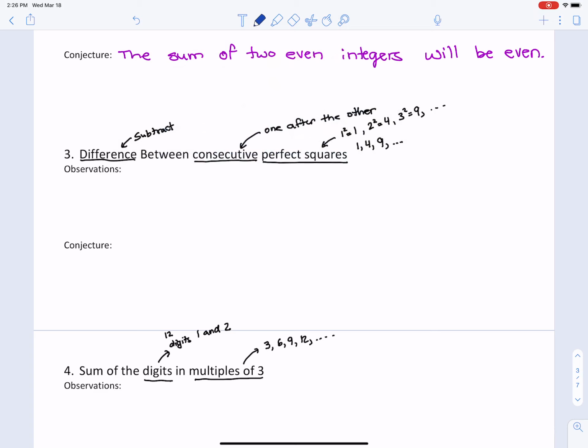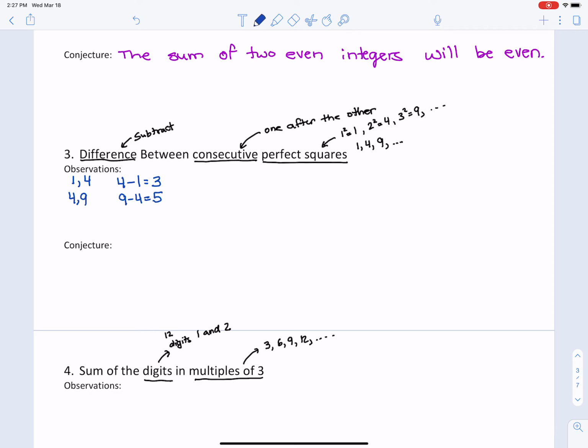The difference, so when I subtract two consecutive, so these are one after the other, perfect squares, what's going to happen? So let's take two perfect squares. Let's take 1 and 4. I take the second one minus the first one, and I get 3. I can take the 4 and the 9, and I do 9 minus 4, and I get 5.